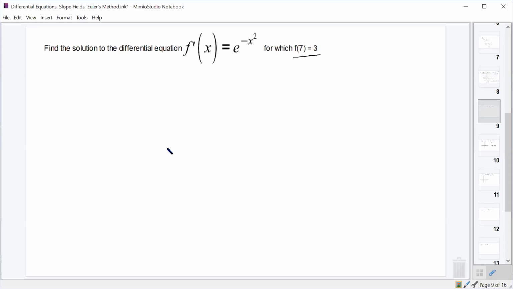And so there are times in higher math classes where you might need to evaluate the integral of this e to the negative x squared at some value, given some point that you know that the original function needs to go through. And so that's sort of the situation that you might end up in.